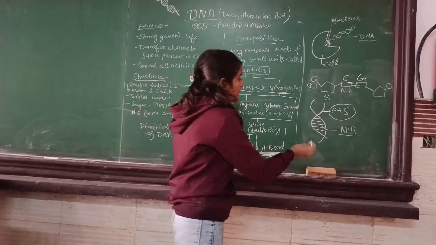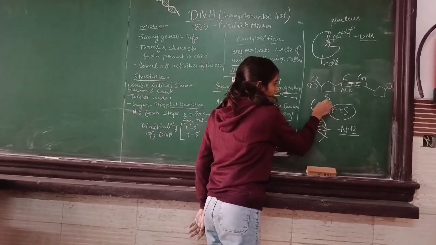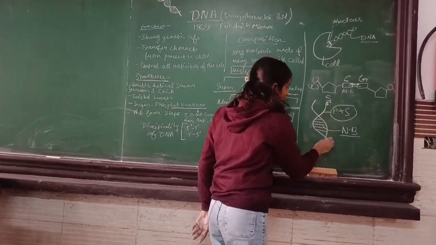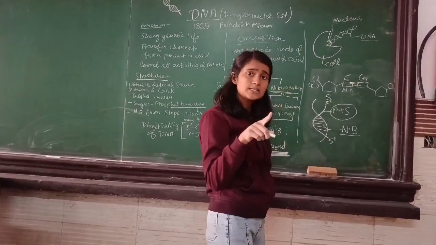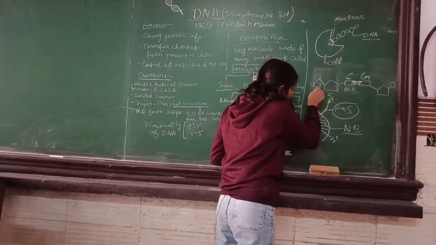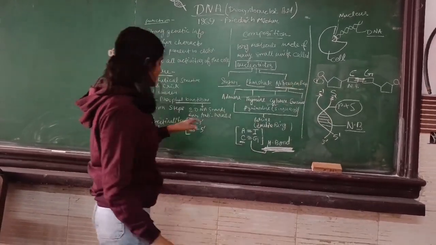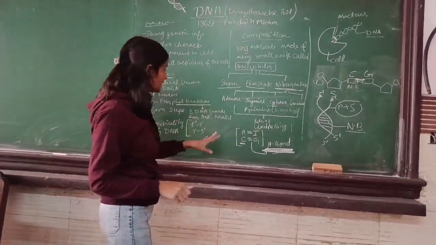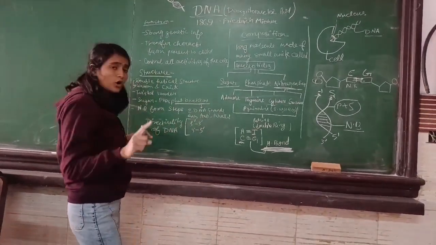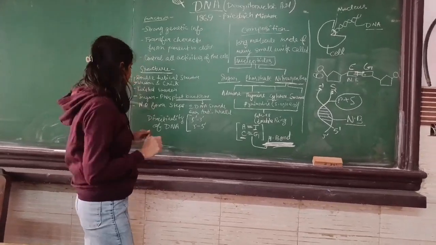What is antiparallel? If your first strand runs from 3' to 5', then the other strand must run from 5' to 3'. This mechanism is the antiparallel mechanism, or directionality of DNA.